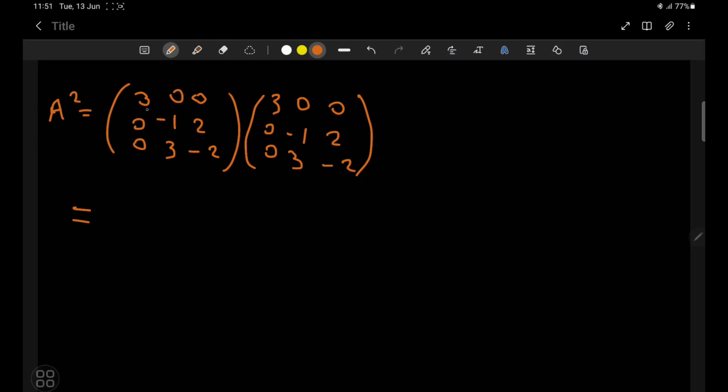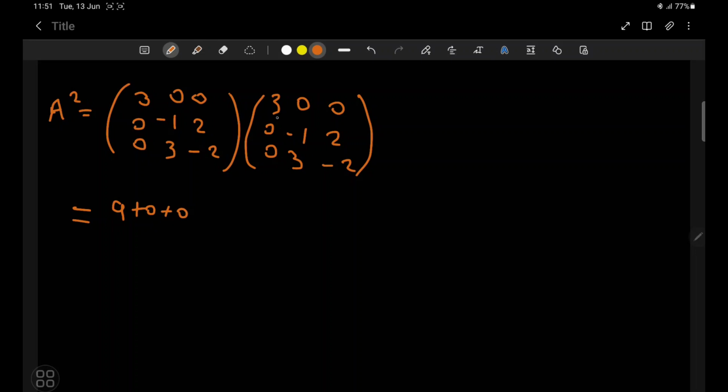So let's begin multiplication. So 3 by 3, that's 9. Then 0 by negative 1, that's 0. And this is also 0, so we can leave it that way. So that means we're just having something like 0 plus 0. So we cannot even write it.